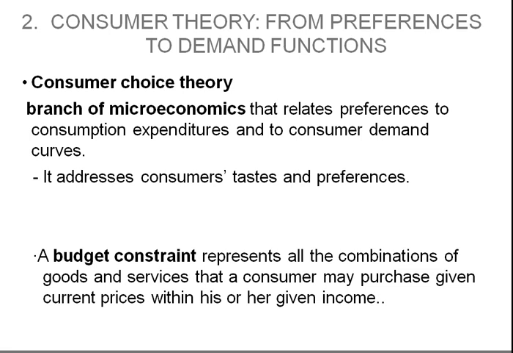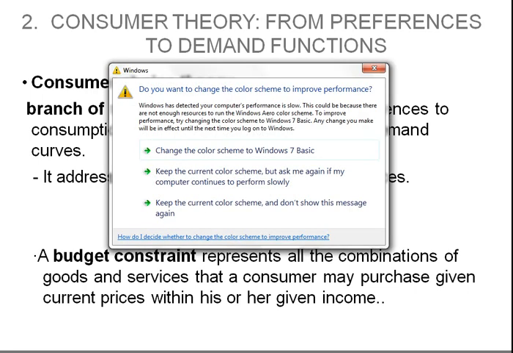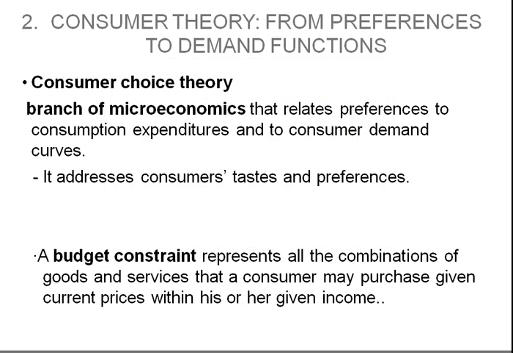It means whatever the combinations of two products, actually we assume two products. So this is our limitation, this is our budget, this is what we can afford, the limitations within which we are bound to live.